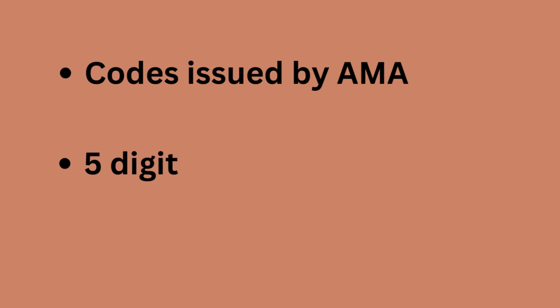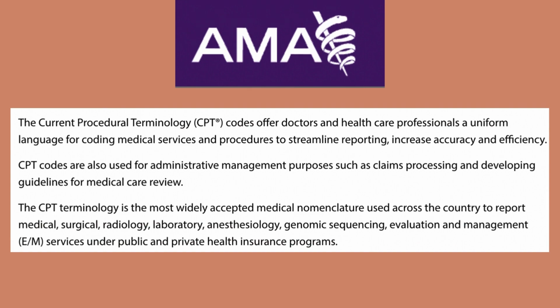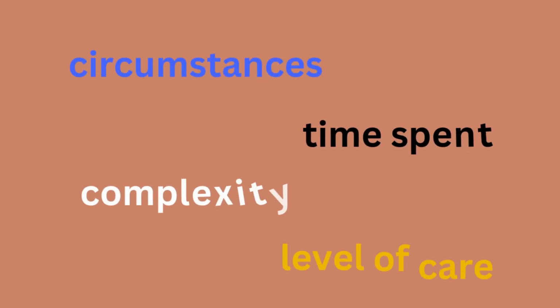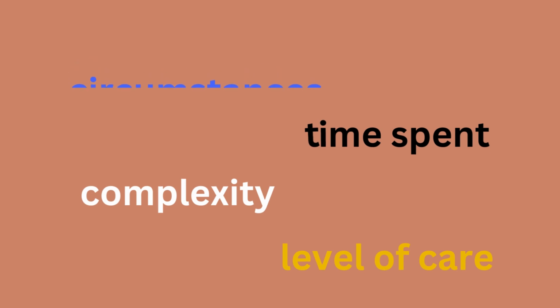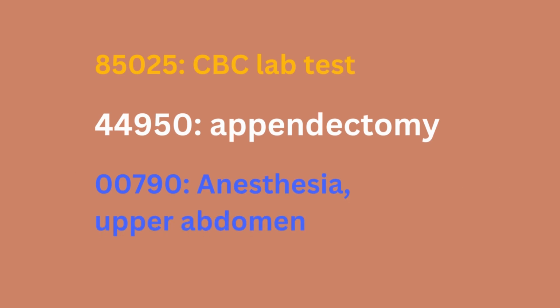A medical professional using a code to determine and get paid for services they have rendered must follow specific guidelines for each code they use based on circumstances, complexity of the problem, time spent with a patient or on the case, level of care given, and more. Here are some examples.